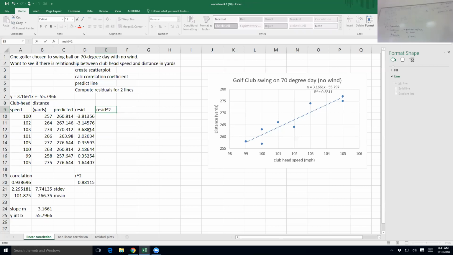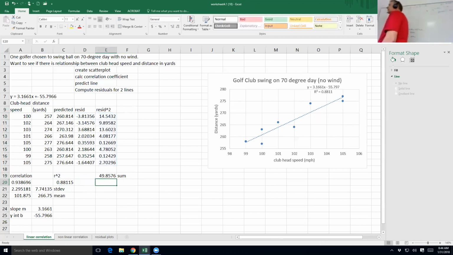I'm going to take this number here and square it, copy that down, and then find the sum. My sum here works out to be 49.8576. Okay, that's going to be on the test.